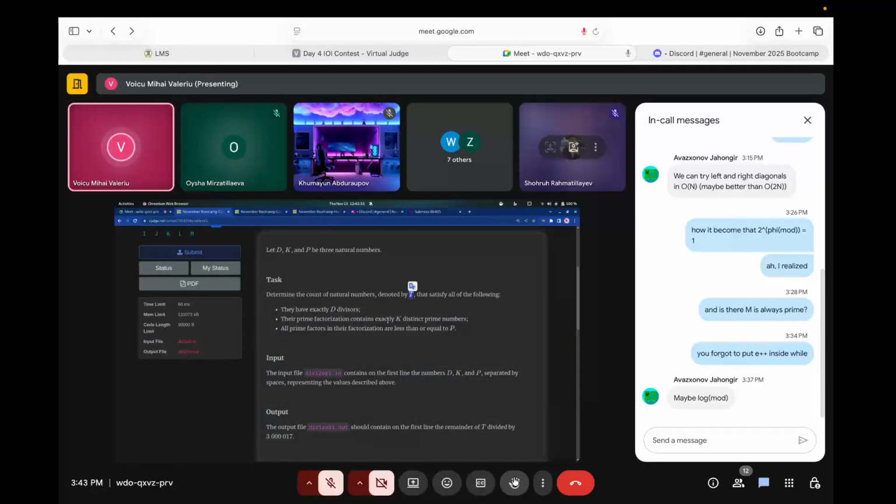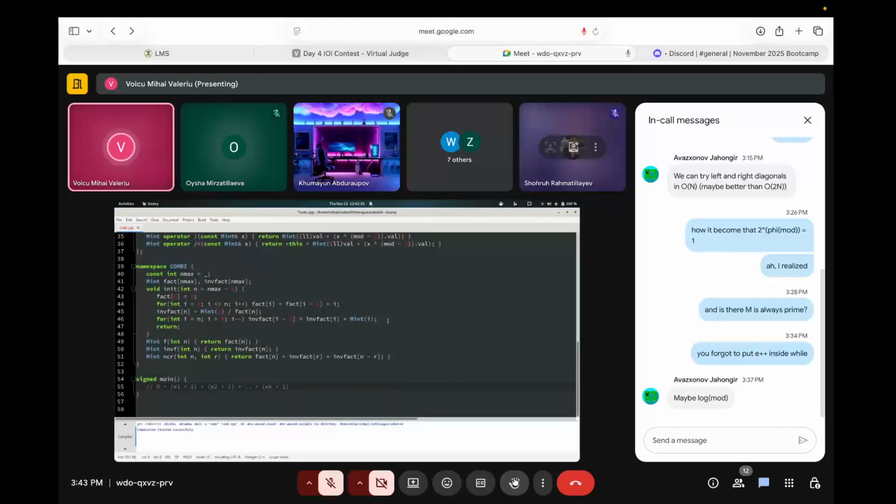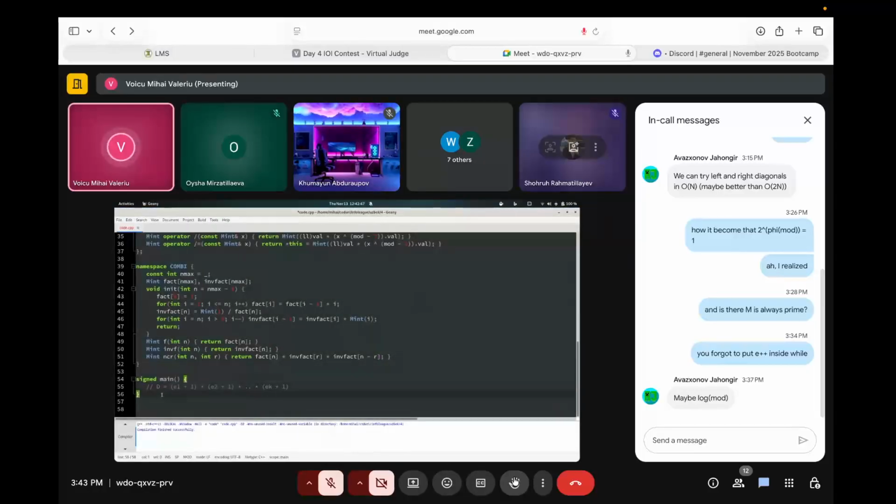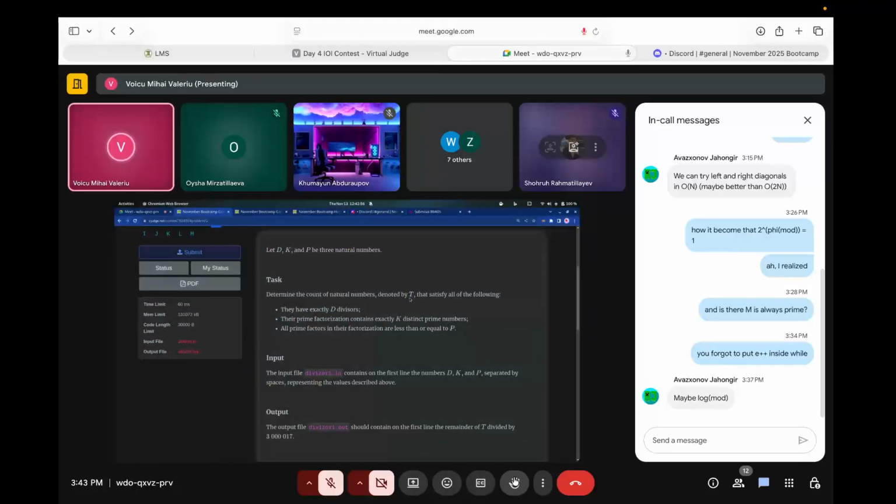So if T were equal to P1 to the E1 times P2 to the E2, then the count of divisors would look like this. We can obviously take any power of any prime, and we have E1 plus 1 such powers of P1, E2 plus 1 such powers of P2, and so on, to compose a divisor of T, and that would mean that there are that many divisors.